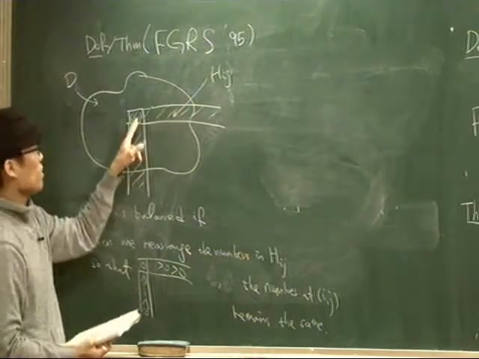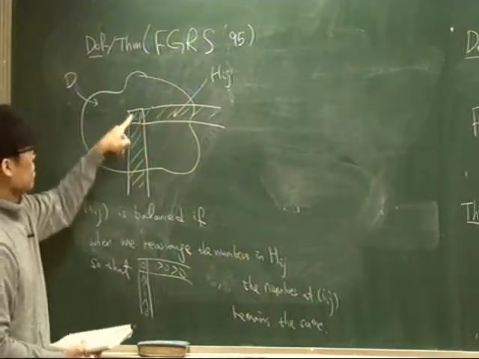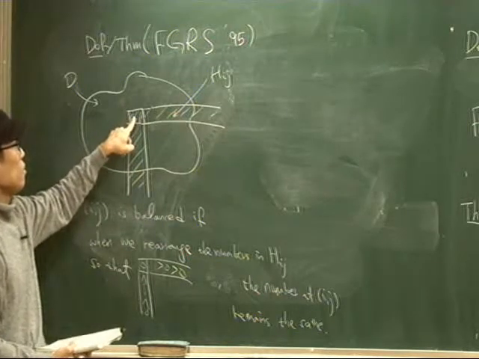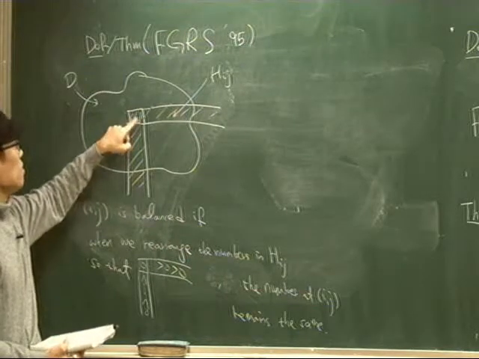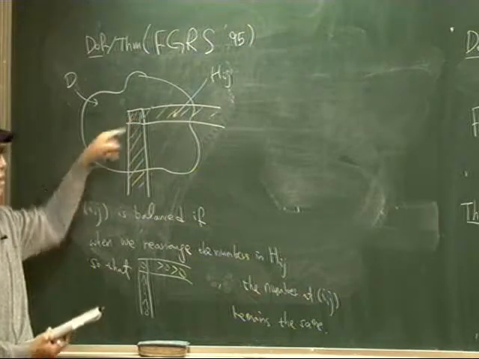We rearranged all the numbers in the hook, but after that, when we look at this box again, the number didn't change. Then this (i, j) is called balanced.